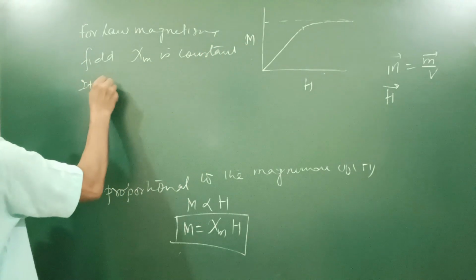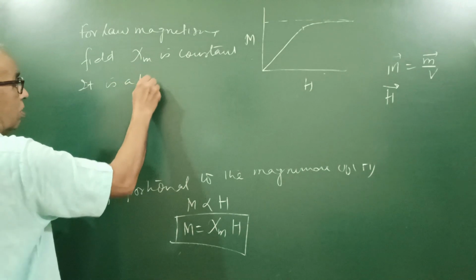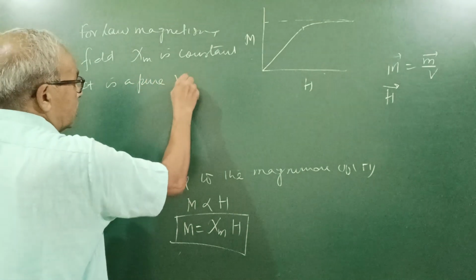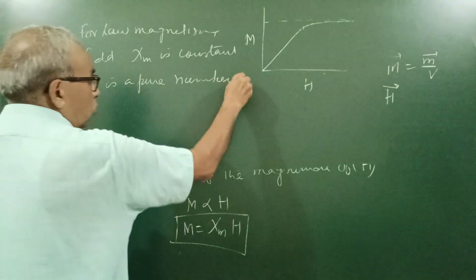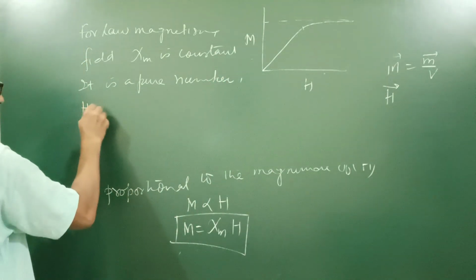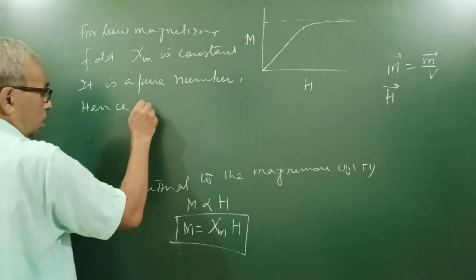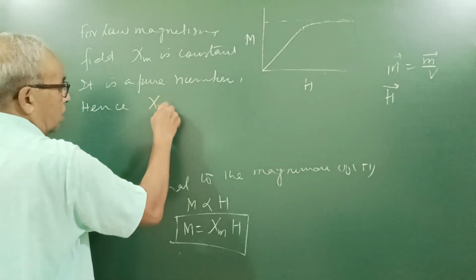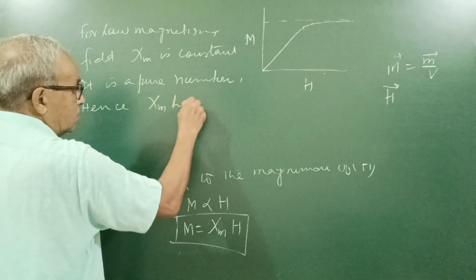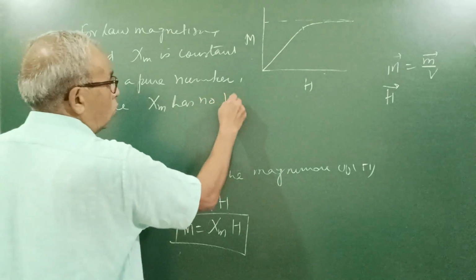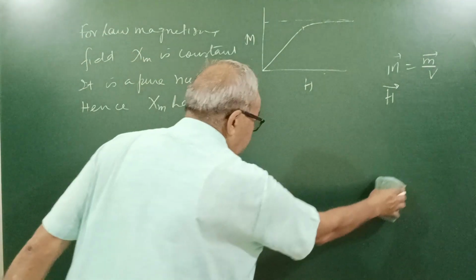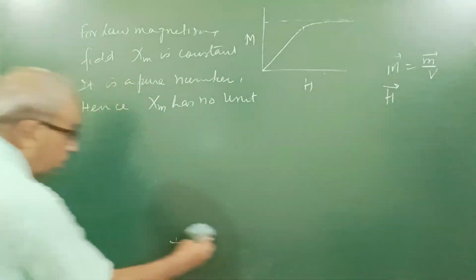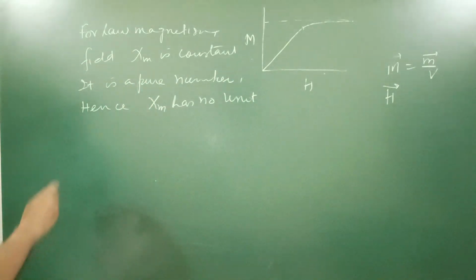It is a pure number, hence it has no unit. Chi m has no unit.